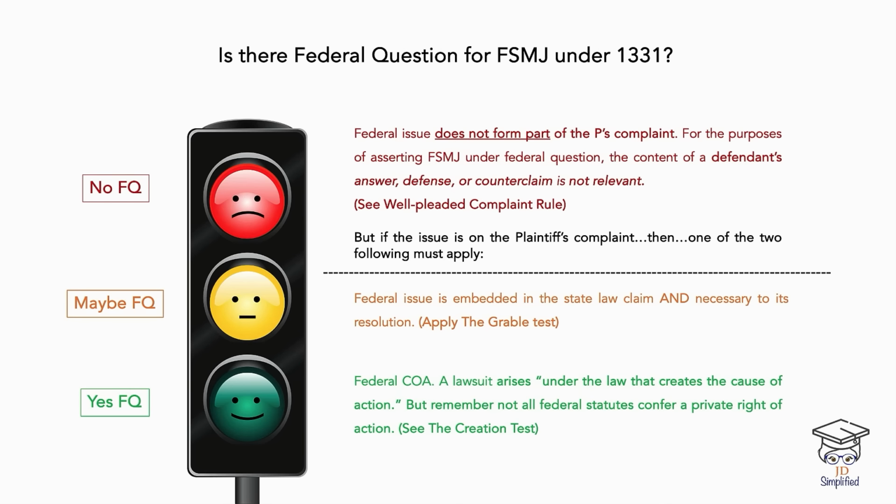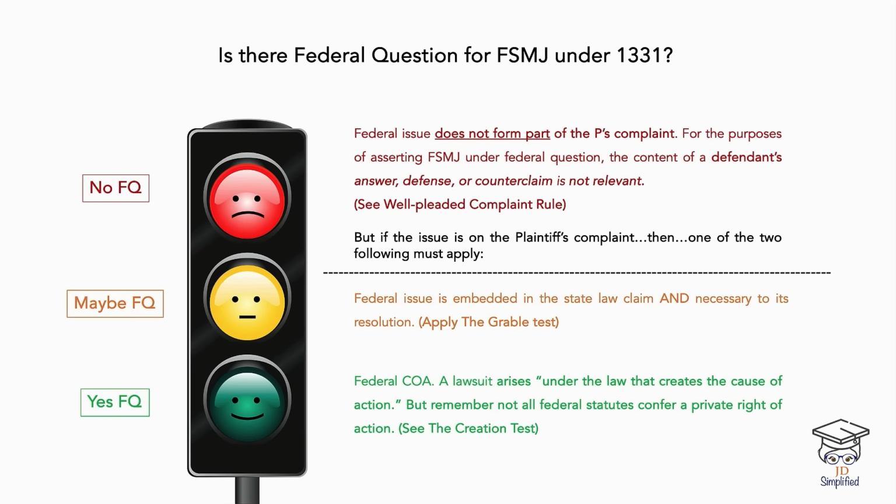Is there federal question jurisdiction under 1331? Again, we're looking at the statute, 28 U.S. Code 1331, and we're analyzing jurisdiction of the federal district court, right? The lower trial court at the federal level. If the federal issue does not form part of plaintiff's complaint, for the purposes of asserting federal subject matter jurisdiction under federal question, the content of a defendant's answer, defense, or counterclaim is not relevant, not for 1331.